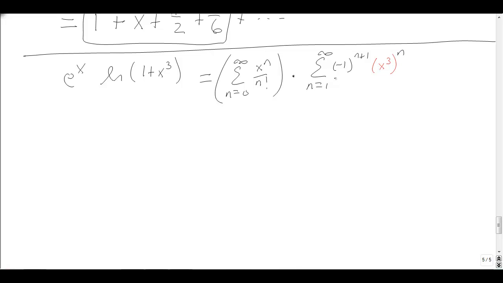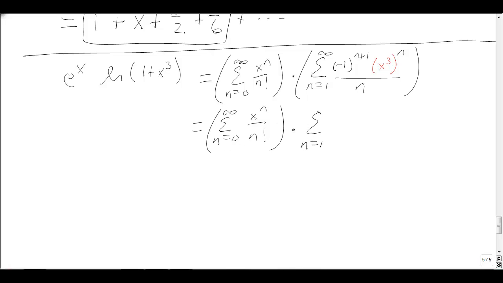So x cubed to the n over n, and then x cubed to the n is x to the 3n. So I get the sum n equals 0 to infinity, x to the n over n factorial, times the sum n equals 1 to infinity, negative 1 to the n plus 1, x to the 3n over n.